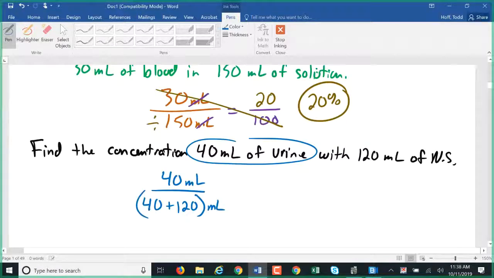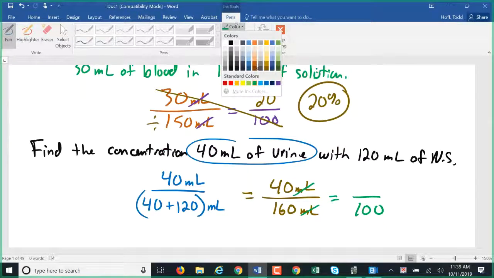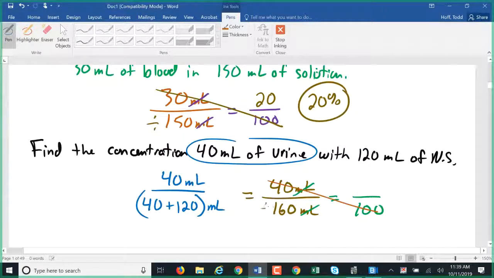We're not given the total volume. We have to take the 40 milliliters of urine plus the 120 milliliters of saline to get a total volume of 160 milliliters. So our ratio we're looking at is 40 to 160. Cross off the milliliters, equals blank over 100, and then we can cross multiply and divide. 40 times 100 divided by 160, 25 out of 100, or 25%.